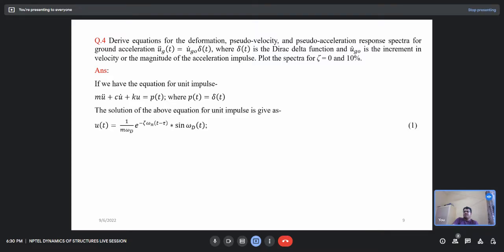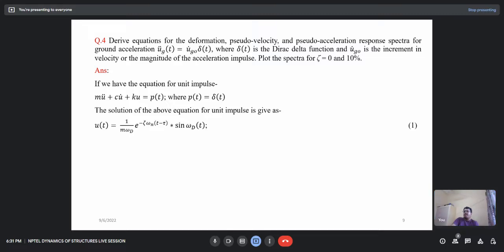The solution of the unit impulse is given by u(t) equal to 1 over m omega d, e raised to the power minus xi omega n (t minus tau), into sine omega d t. Is there any doubt in this equation? Because that was discussed in week 5 as well. Is it okay up to this equation?